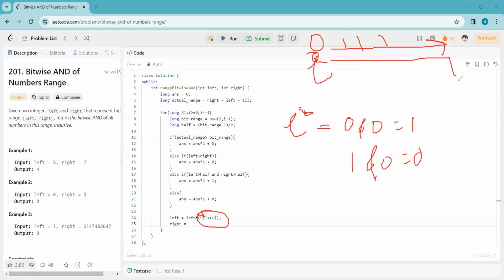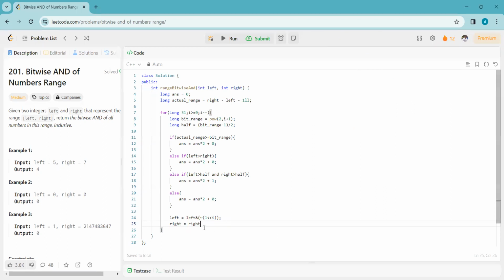So for the remaining bits, we are doing the bitwise AND with 1. So if it is 0, it will give 0. If it is 1, it will give 1, like this. Right? And we will negate it.